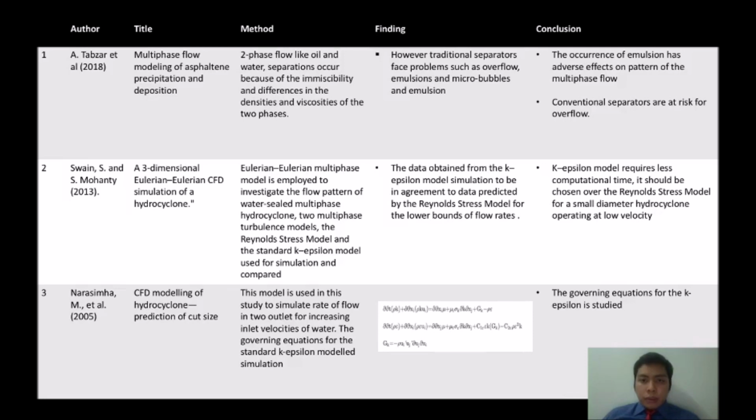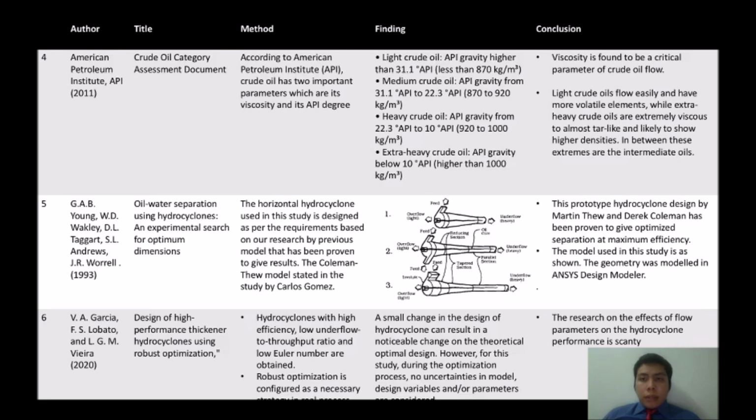Next, we also studied the crude oil parameters such as API gravity and the viscosity, and how they affect the flow. Lastly, we studied the types of hydrocyclone geometry to understand which type of geometry gives us the maximum efficiency. So from there we chose our best geometry for our hydrocyclone. Alright, thank you, that's all from me.